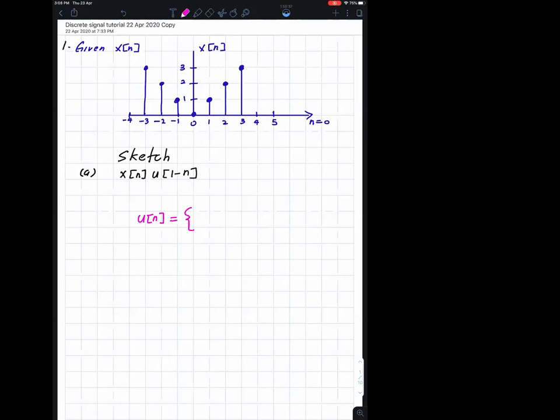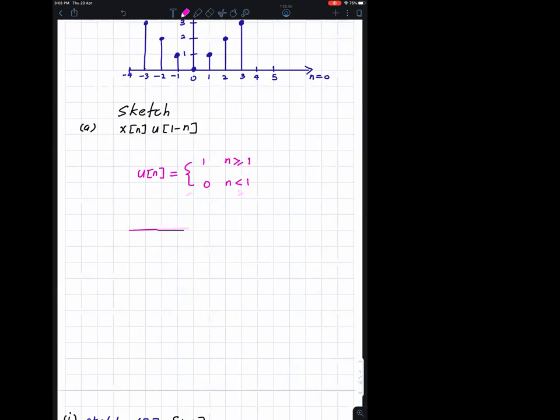It's defined to be 1 for n greater than or equal to 1, and 0 for n less than 1. And this looks like this. This is 0, 1.